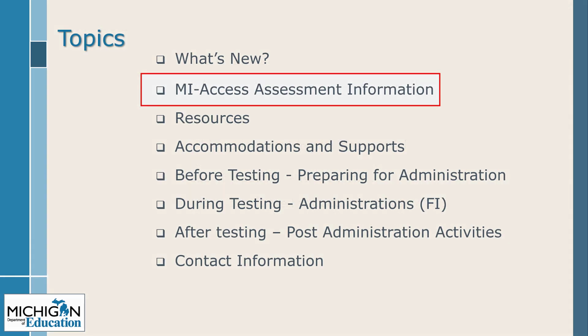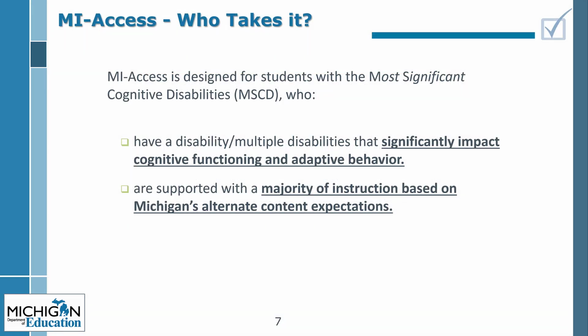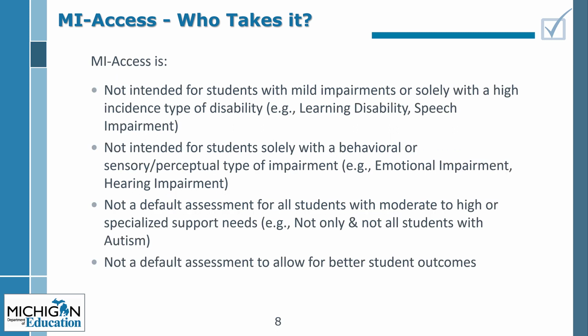This next section covers the My Access assessment information and provides an overview of the My Access Alternate Assessment Program. My Access is designed for students with the most significant cognitive disabilities who have a disability or multiple disabilities that significantly impact cognitive functioning and adaptive behavior, and are supported with the majority of instruction based on Michigan's alternate content expectations.